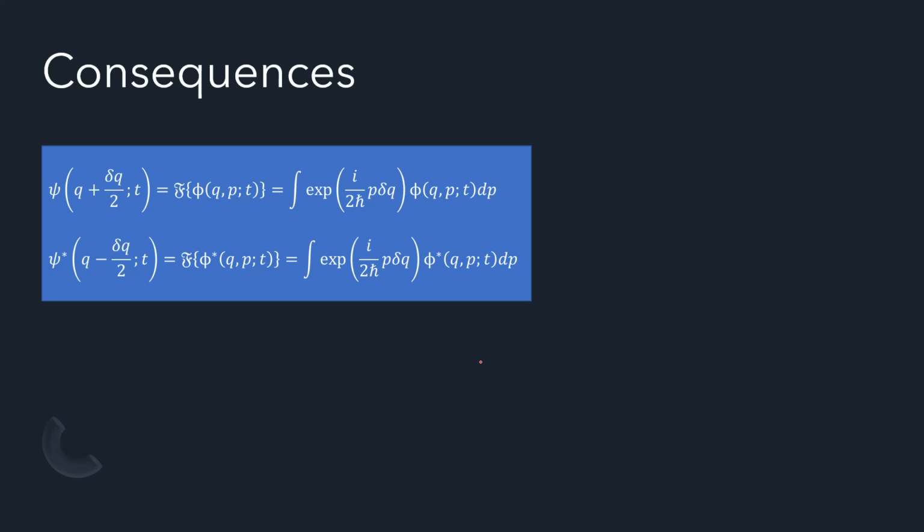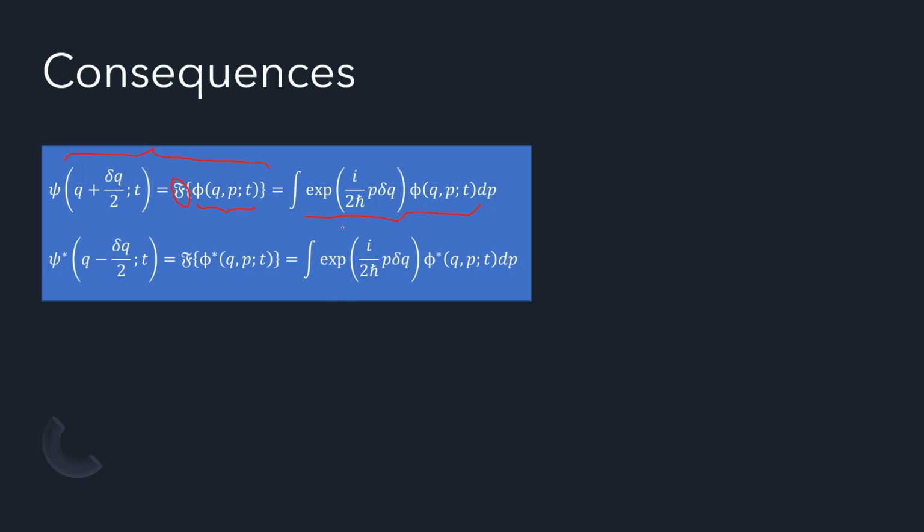The consequences then are that we can write, as we have shown previously, the probability amplitudes in configuration space are related to probability amplitudes in phase space by means of a Fourier transform, that is, by means of this transform.